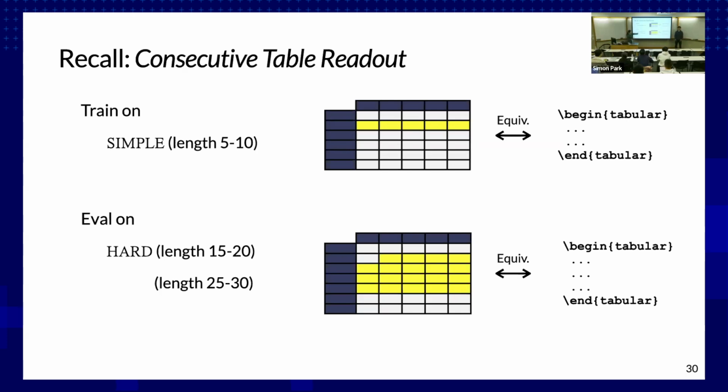Specifically, we consider two levels of hardness here. There's a slightly hard split that involves a little bit of length generalization, and a much harder length generalization, which requires the model to read much longer sequences.